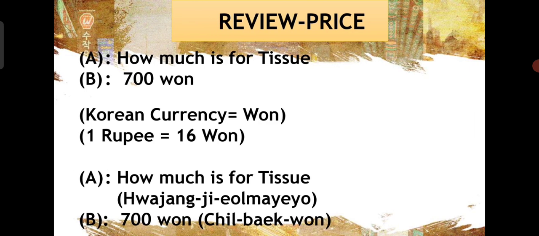Chil is 7, baek is 100, so how many hundreds? 700. Chilbaek won. Got my point? Hwajangji olmaeyo, chilbaek won. In that case, we used the Sino Korean counting system. Chil belongs to the Sino Korean counting system. So that is all about price.